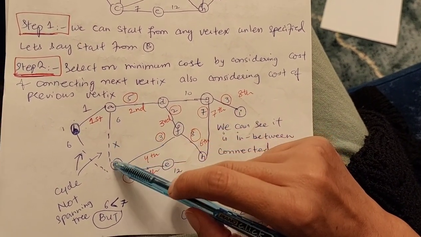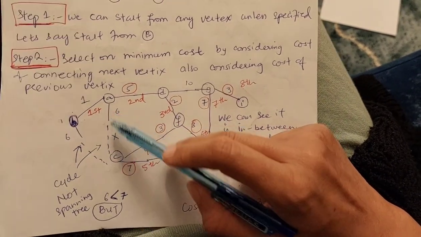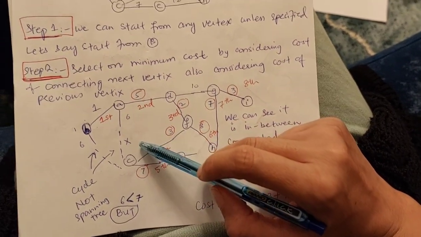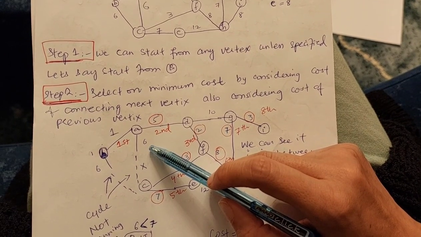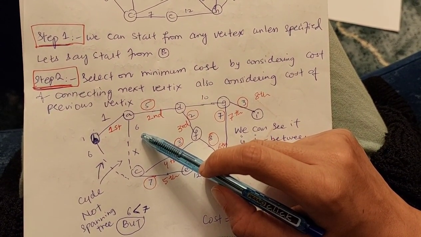So if I join this line by any means, even though it is a low cost, it will become a closed loop. A closed loop is also called a circle. So we do not have to make it a circle because we are making a minimum cost spanning tree.